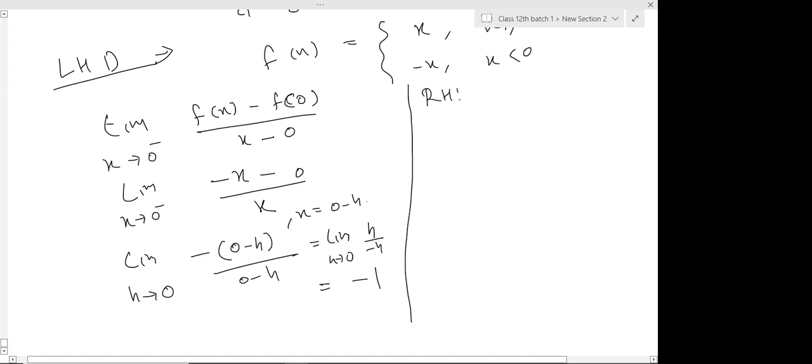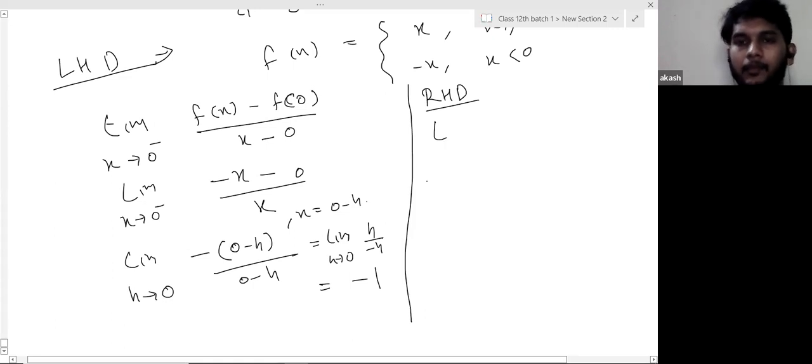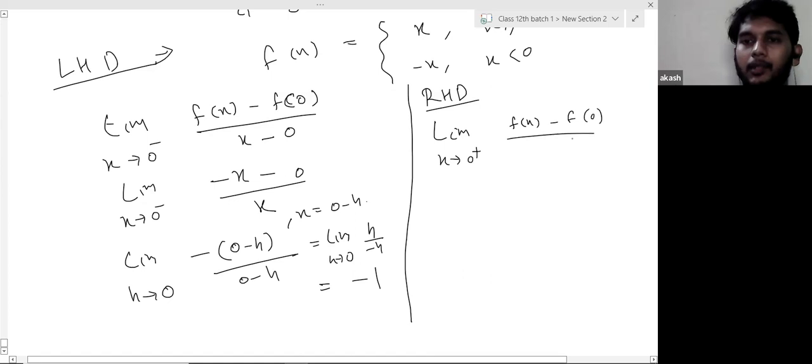All right. Now RHD, right hand derivative. This is limit x tending to 0 plus of f(x) minus f(0) upon x minus 0.